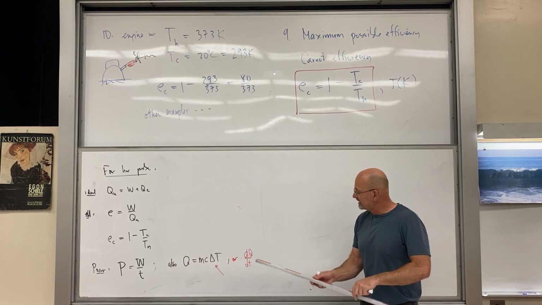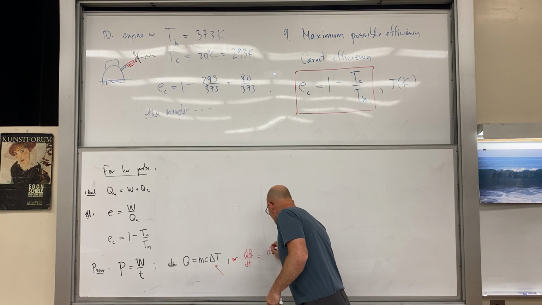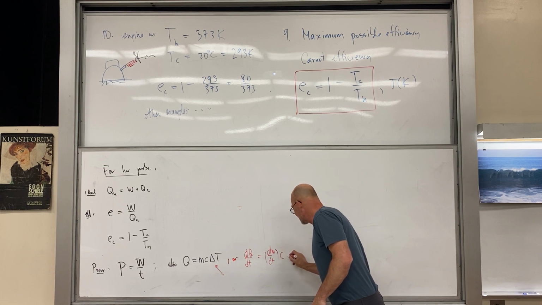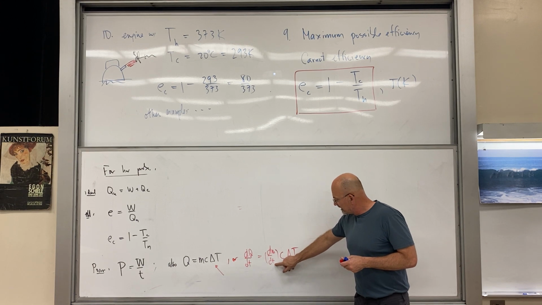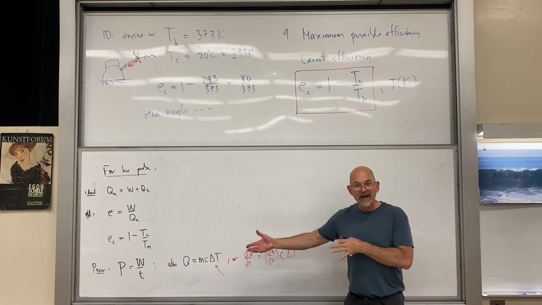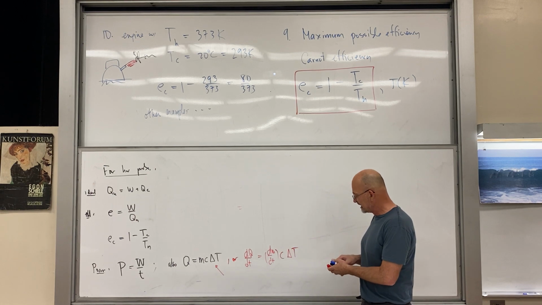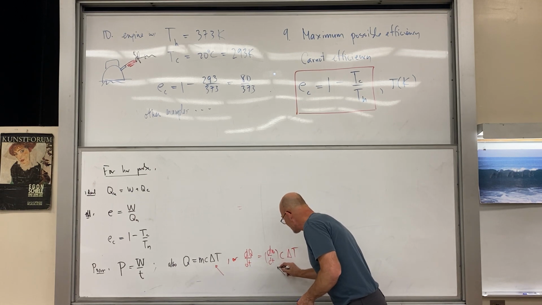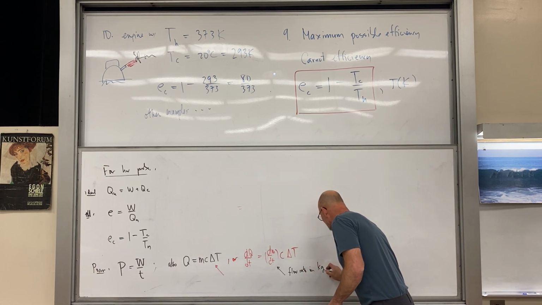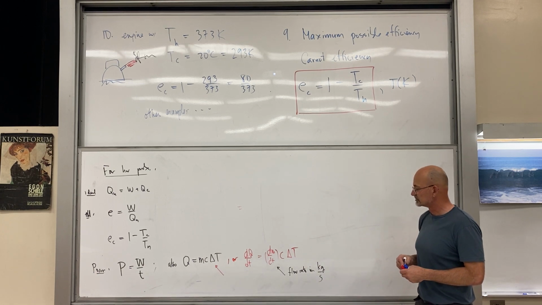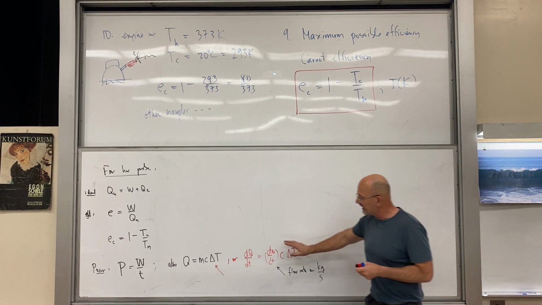You could have a dQ/dt of this form, dm/dt times C times delta temperature. That would be the case where this is actually the mass of water that's carrying away the heat. This would be a flow rate, in kilograms per second of fluid. So these kind of things would come into play as well.